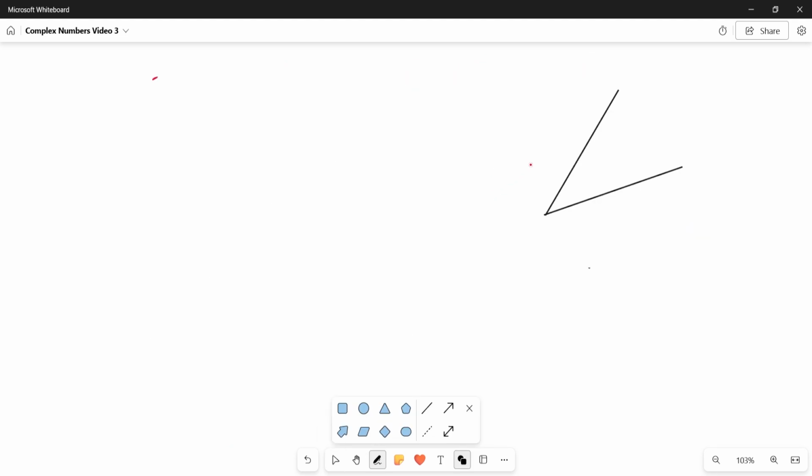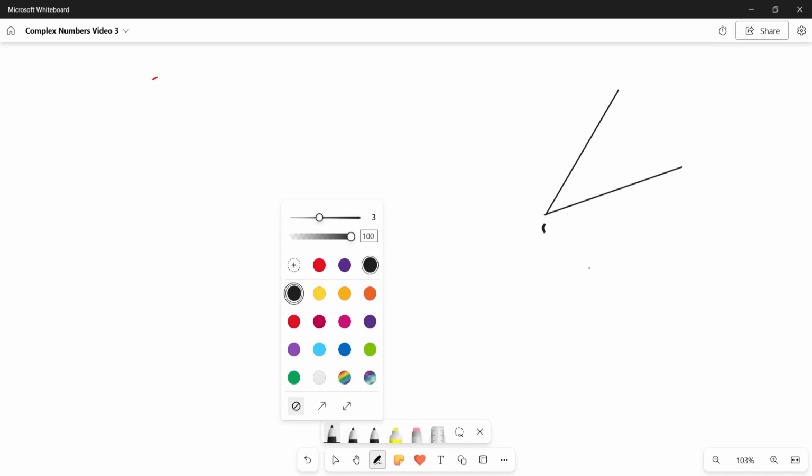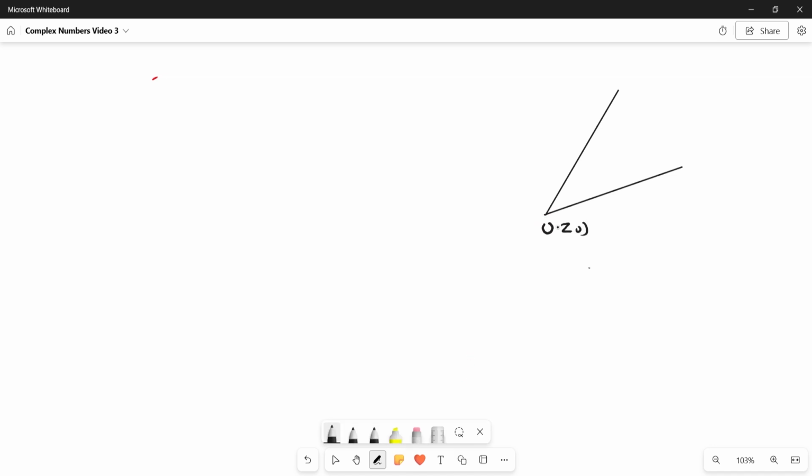Second, suppose this point is O and this is Z0. This point is Z1, this point is Z2, and the rotation is like this, theta 2. So this distance will be modulus of Z1 minus Z0, and this distance will be modulus of Z2 minus Z0. So this is given to us, and we are to find this.